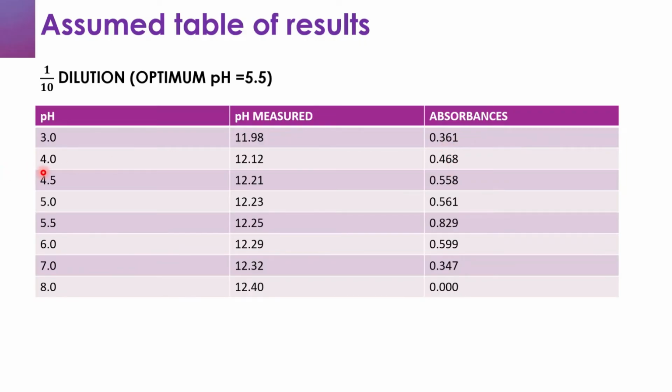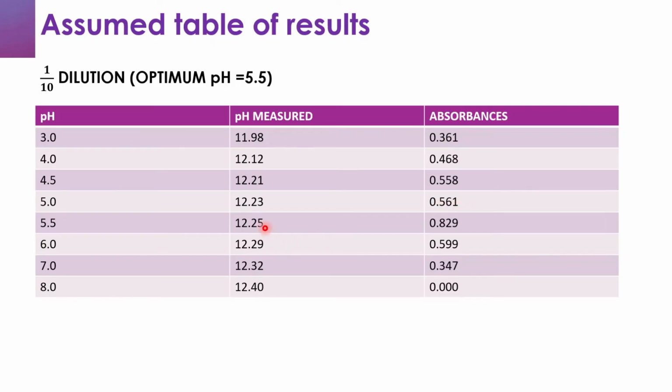At pH 4.0, this is our measured pH, and this is our absorbance. At pH 4.5, we had this as our measured pH and the measured absorbance value. At pH 5.0, we had this as our measured pH, and this is also the measured absorbance value.